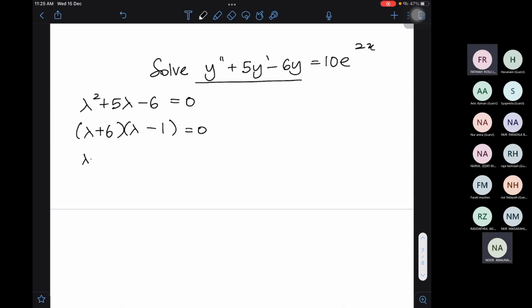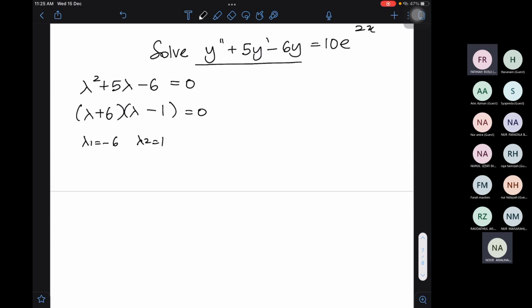Okay, so get lambda 1 is equal to negative 6 and lambda 2 is equal to 1. So you can just use your calculator to find the value of lambda. There's no problem. Yang pentingnya hanyalah nilai lambda. And then from here we get the complementary solution YC sama dengan C1 exponent negative 6X plus C2 exponent X.